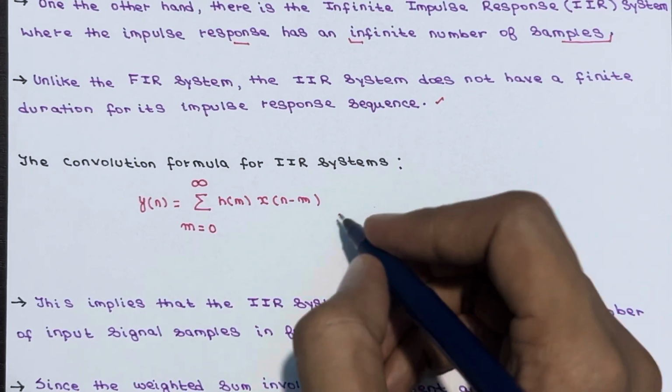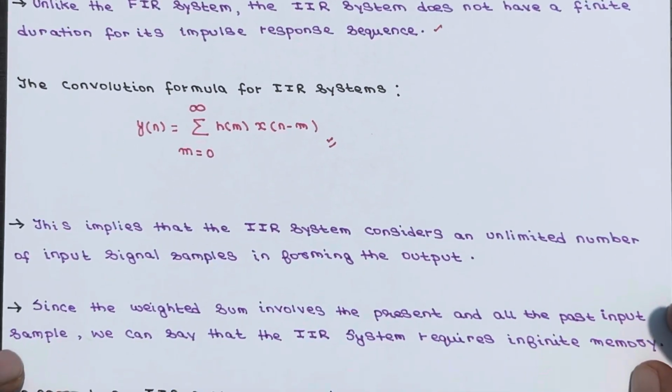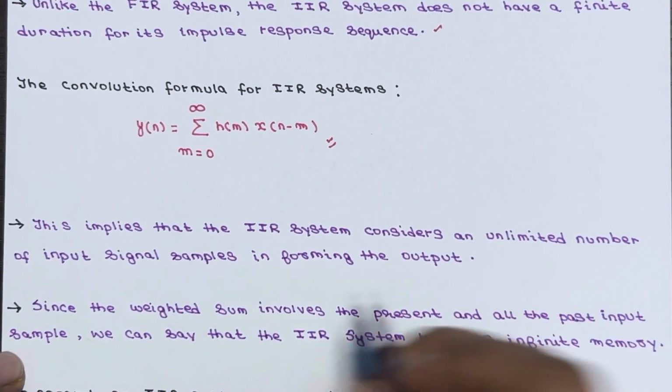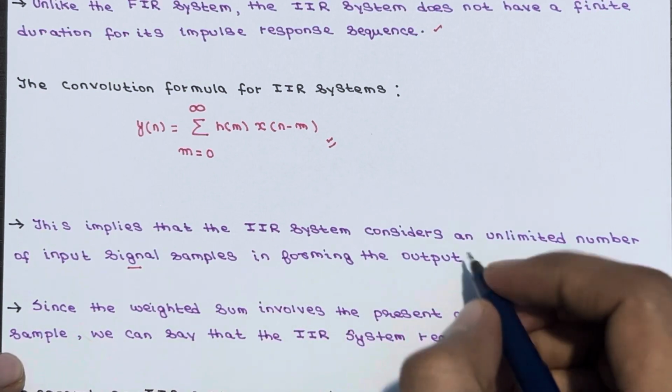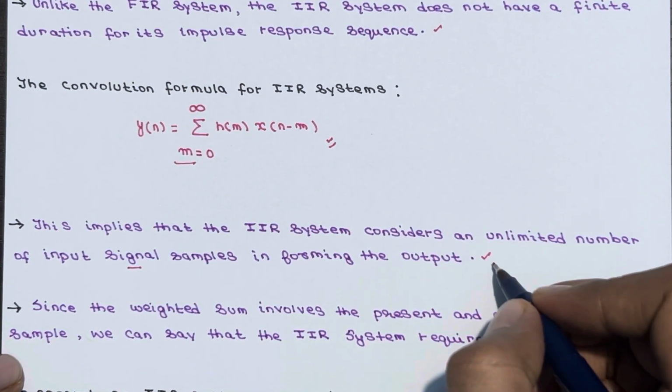This is the convolution sum formula for an IIR system. This implies that the IIR system considers an unlimited number of input signal samples in forming the output.